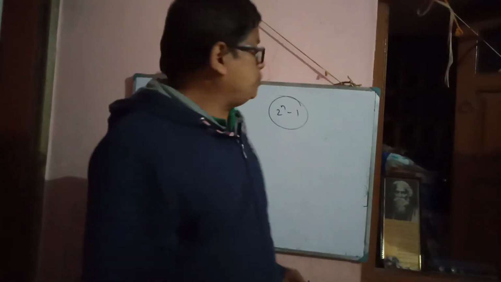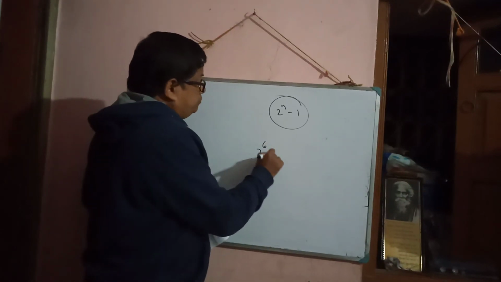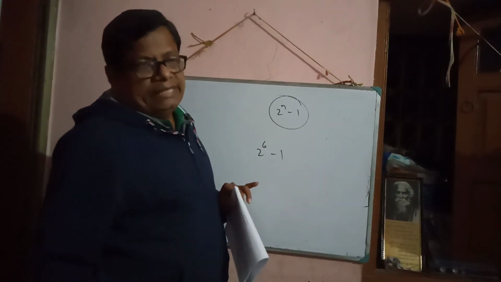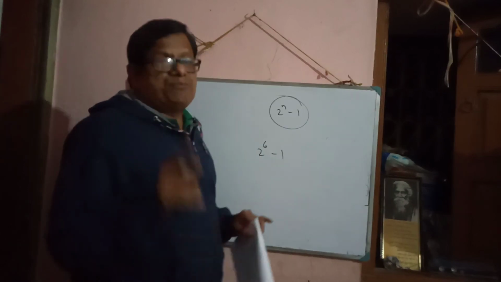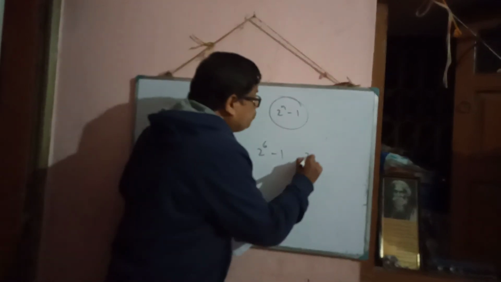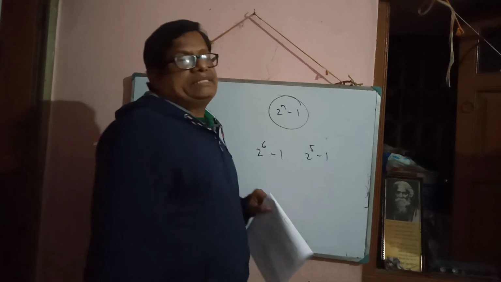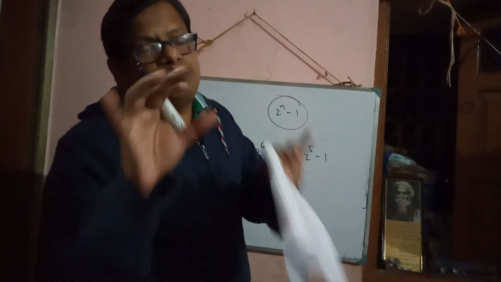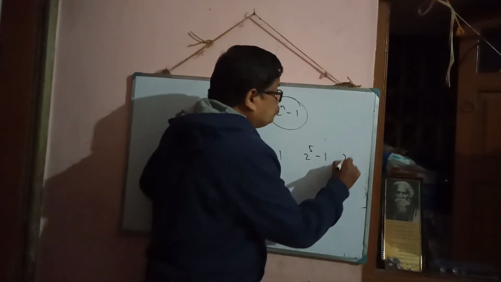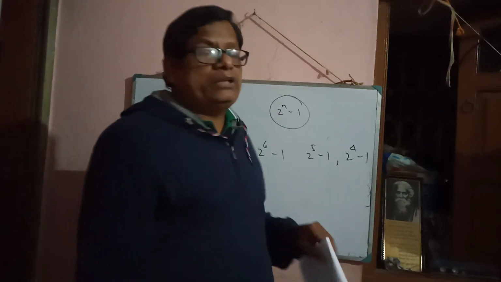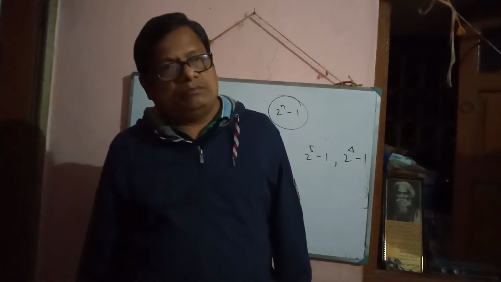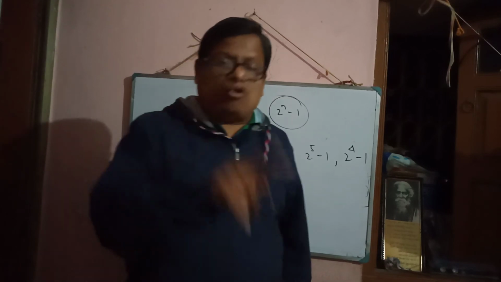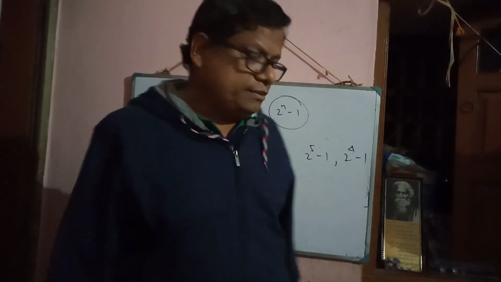So number of combinations will be 2 to the power 6 minus 1. If 5 friends, 2 to the power 5 minus 1. Suppose you invite 4 friends, that is 2 to the power 4 minus 1. Either 1 or 2 or 3 or 4 or 5, like that.